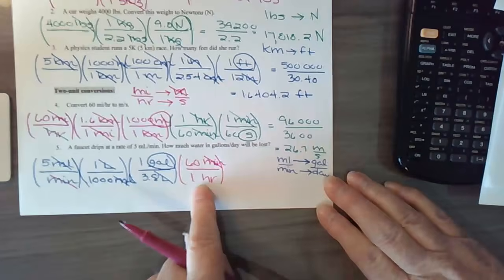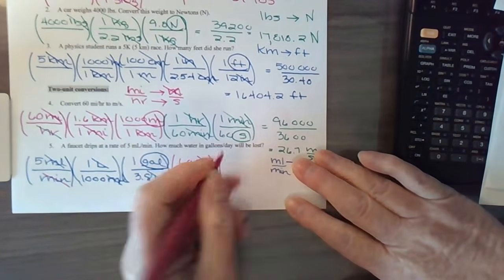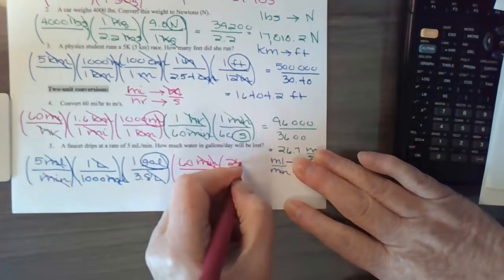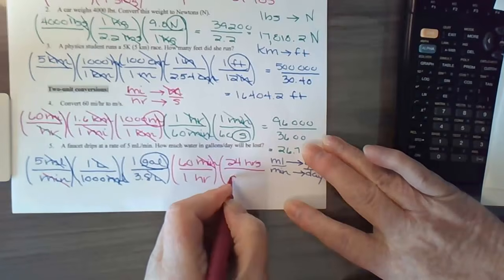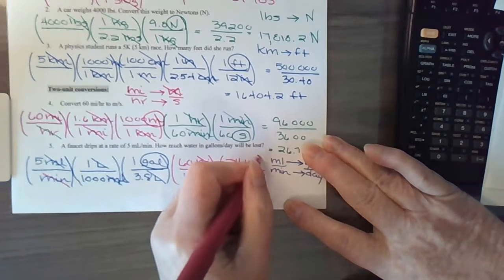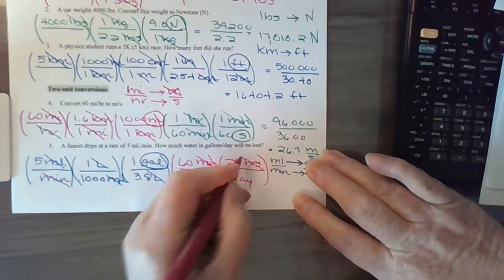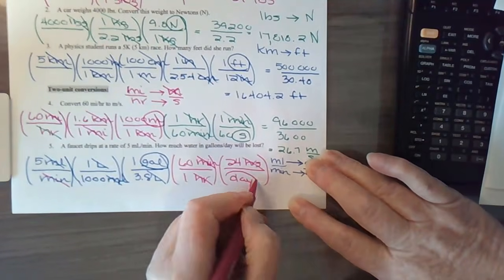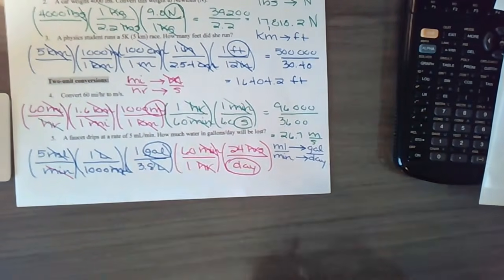Now I'm up to hours. How could I go from hours to days? There are 24 hours in a day. The hours now cancel, and there's my day on the bottom. So that tells me that I have everything.